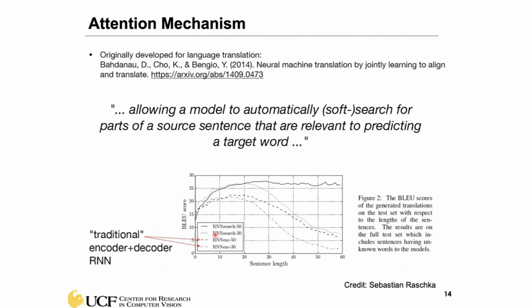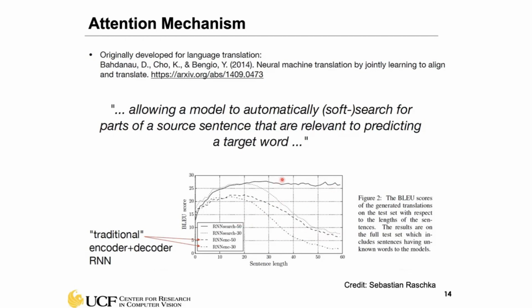From this figure, they use the traditional encoder-decoder based RNN architecture to do the translation. The horizontal axis is the sequence length. When it becomes longer, the performance goes down dramatically. You can see the BLEU score going down very quickly.